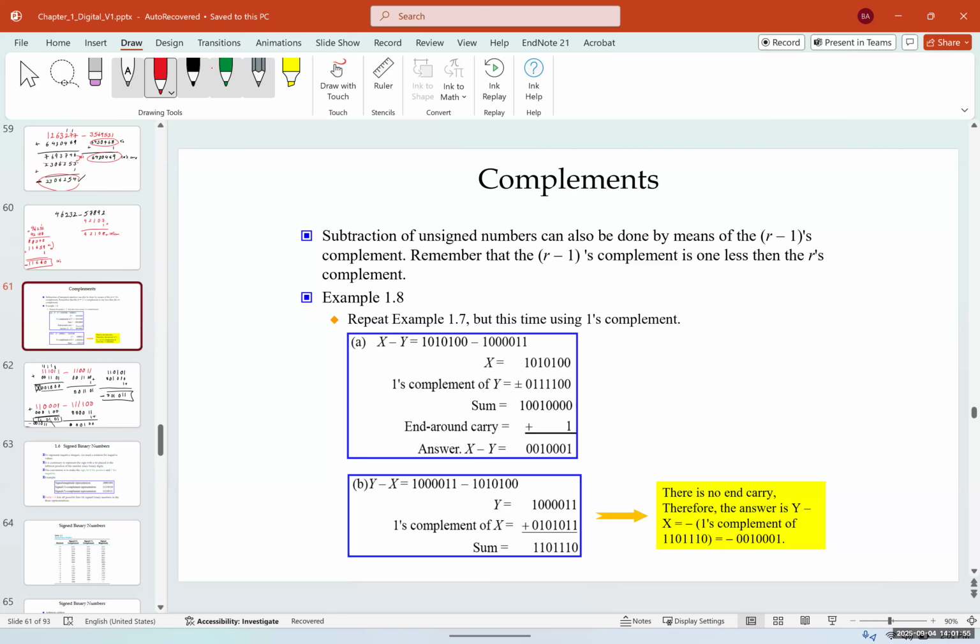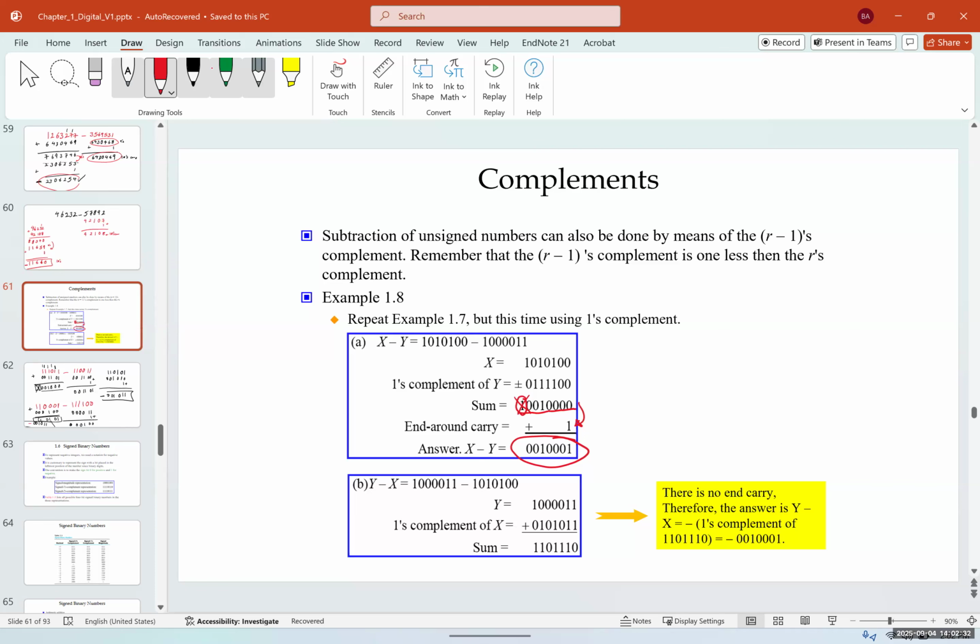When we repeat that, the sum is 1, 0, 0, 1, 0, 0, 0, 0. We have an end carry that we get rid of; we discard the last one on the left. The only difference is that we add 1 to it, and this would be our final answer. So we simply find the ones complement, which is easier, and at the end we add 1 to it instead of finding the twos complement.